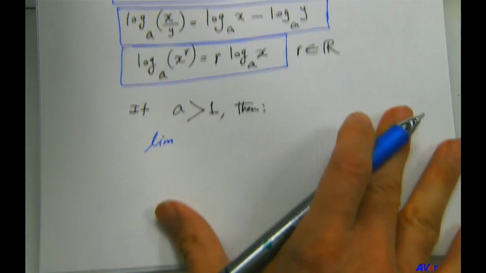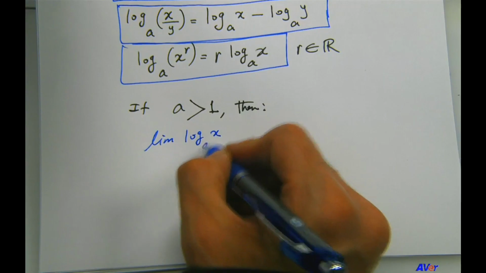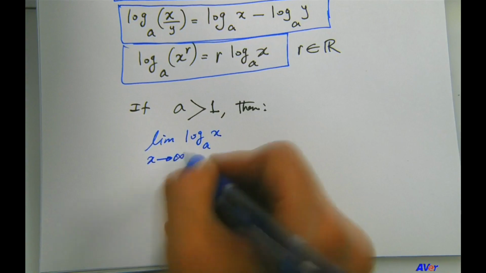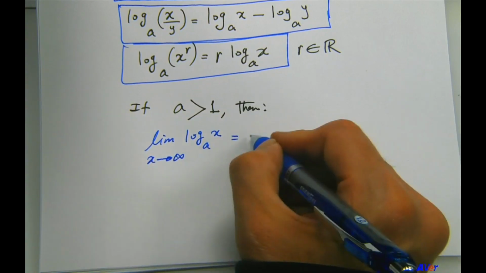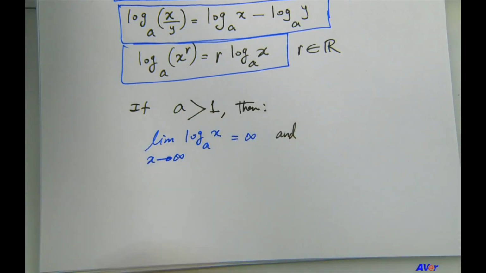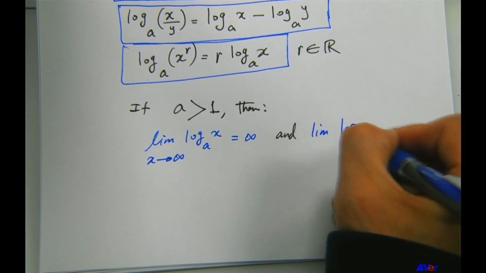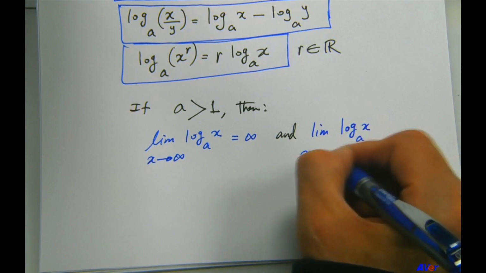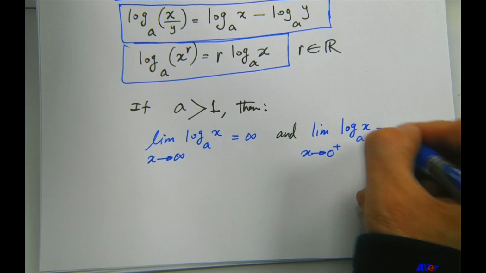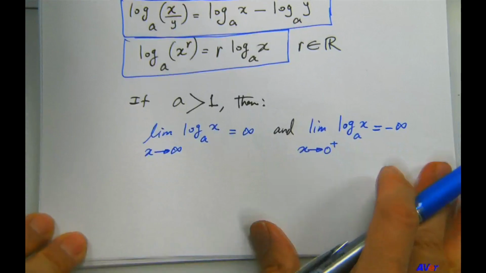Then the limit of log of x to base a as x approaches infinity would be equal to infinity, and the limit of log of x to base a as x approaches 0 from the right would be equal to minus infinity.